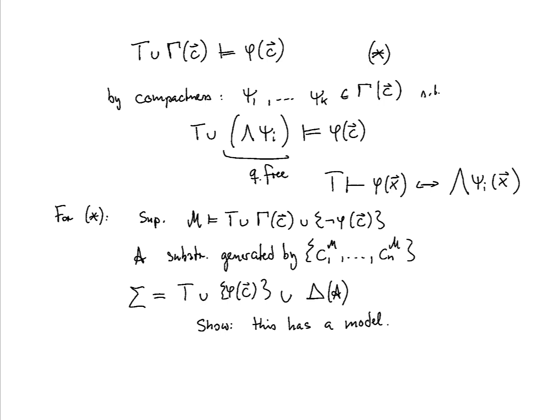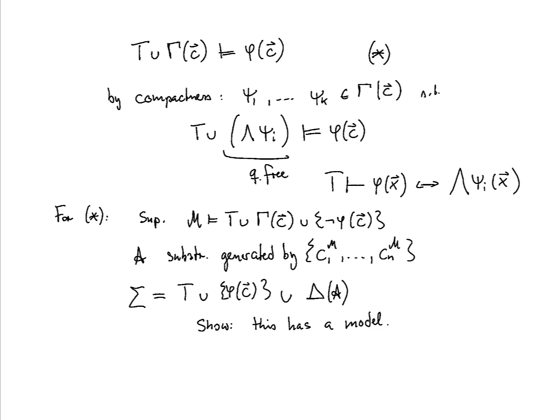If this didn't have a model, then there would be a finite collection of formulas from the simple diagram of A that would imply not phi, and then you can turn this around and say that then phi proves a disjunction of the negations of those finitely many formulas, and then you could show that there would have to be something in the diagram.